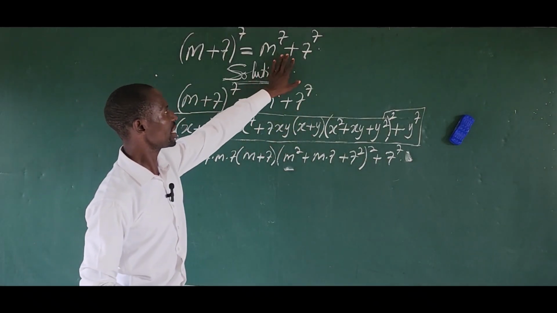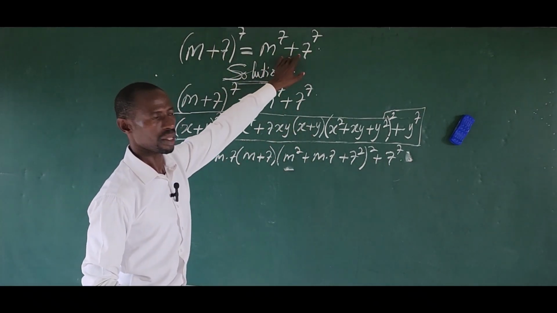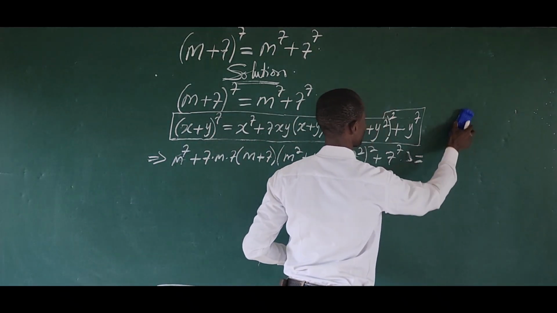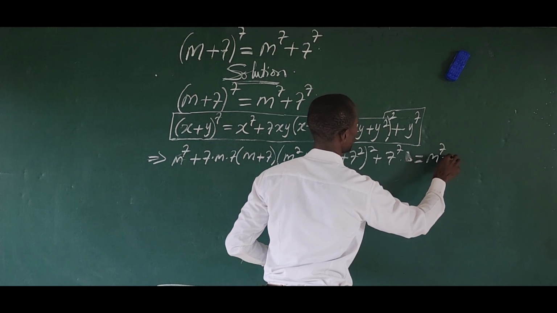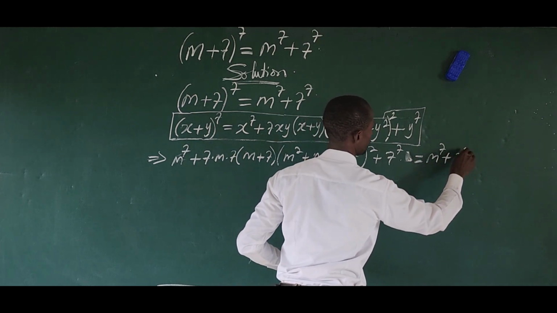Mind you, everything here is equal to this, so this is equal to m to the power of 7 plus 7 to the power of 7.